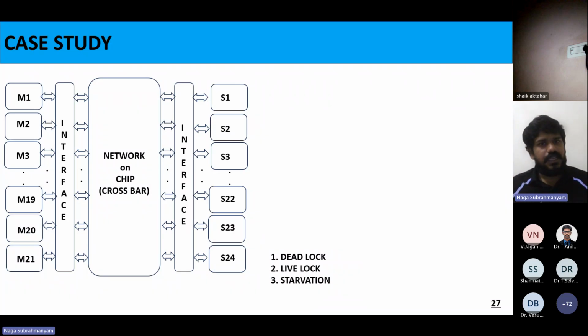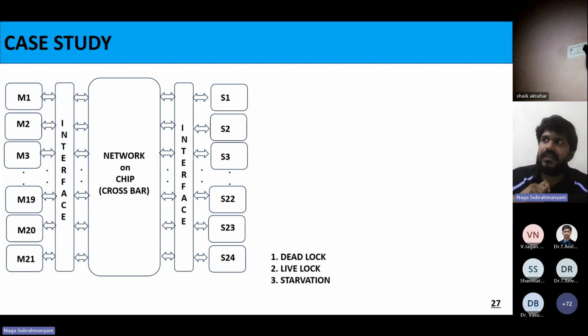Next, we have a 4 MB memory. In that 4 MB memory, I can give the address range, the memory range, to S1, S2, S3 till S24. So I assigned memory to S1 to S24, and still I have 1 MB of memory space. That is the unassigned region, right? Did you get my point? How will this assignment be done? There is a decoder in the design.